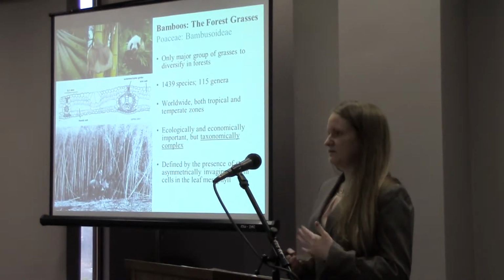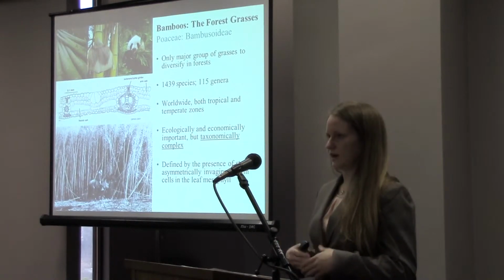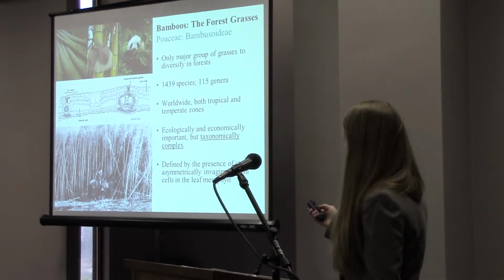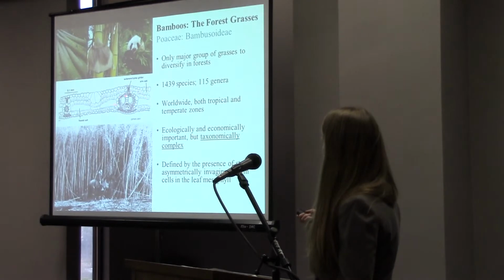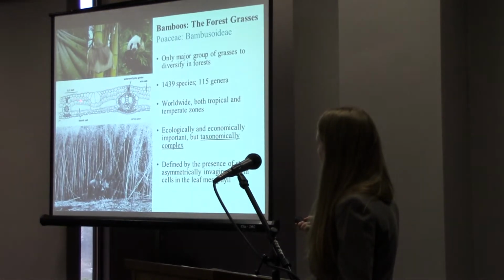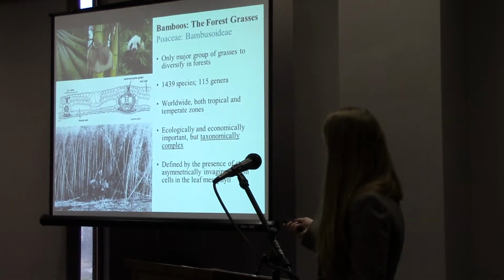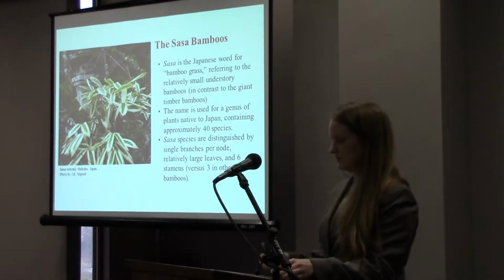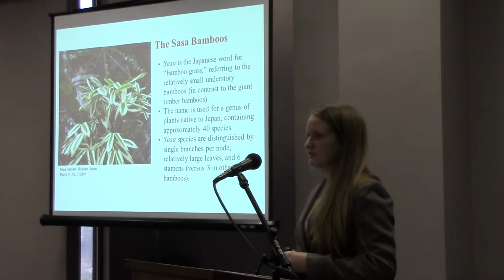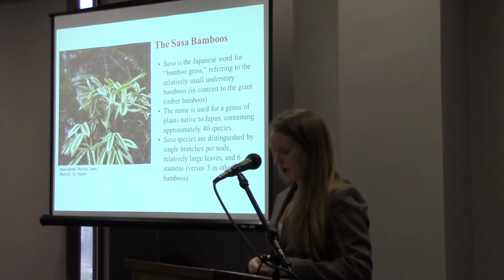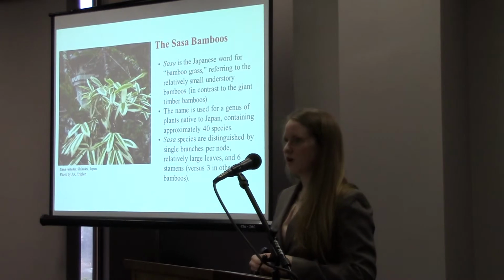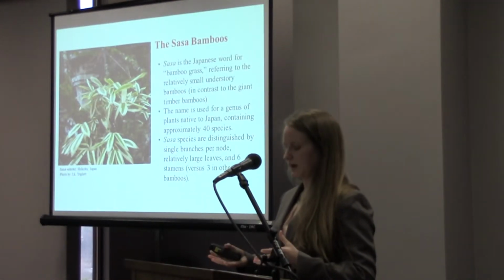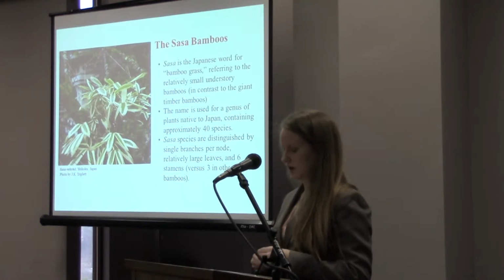The big difference between bamboos and the other species in the grass family is the presence of strongly asymmetrically invaginated arm cells in the leaf mesophyll, located right here. These are examples of arm cells. The talk, of course, focuses on the Sasa bamboos, and Sasa is the Japanese word for bamboo grass, referring to the relatively small understory bamboos in contrast to the giant timber bamboos that you may see around here.